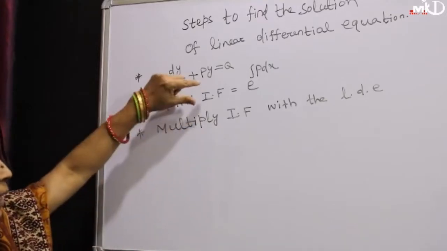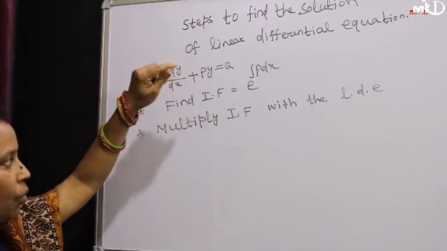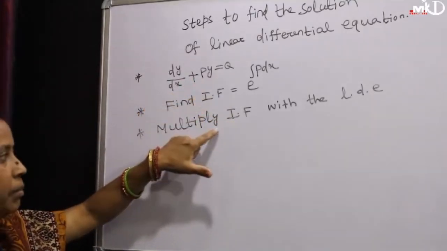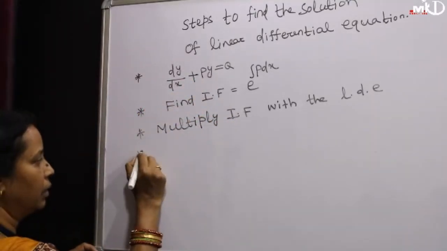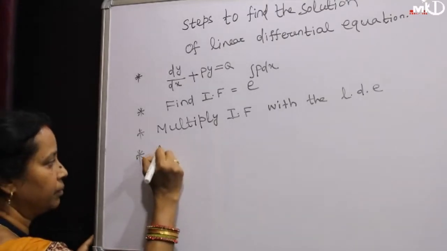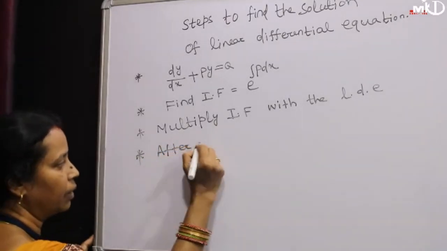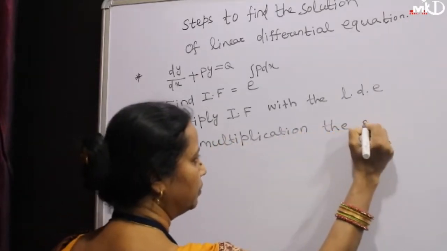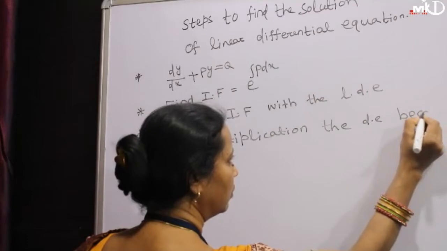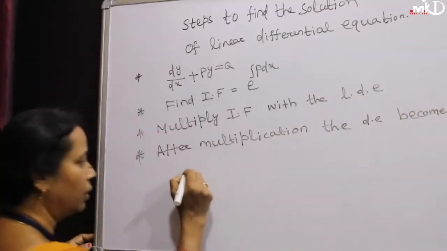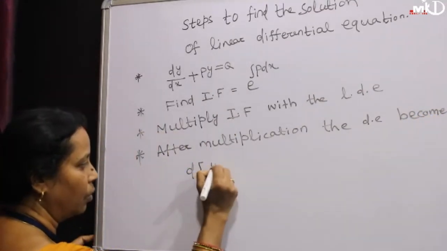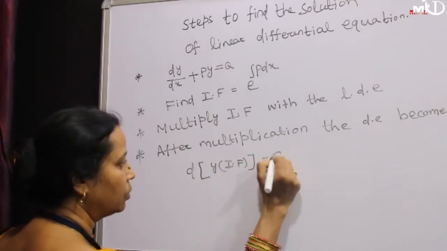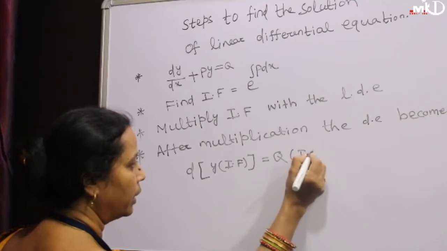The integrating factor that we first find, we multiply it into the differential equation. After multiplication, the differential equation becomes the differentiation of y into integrating factor is equal to q into integrating factor.